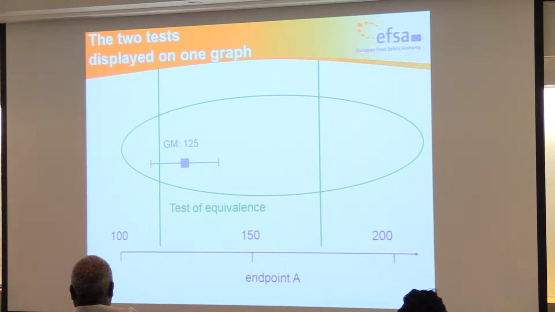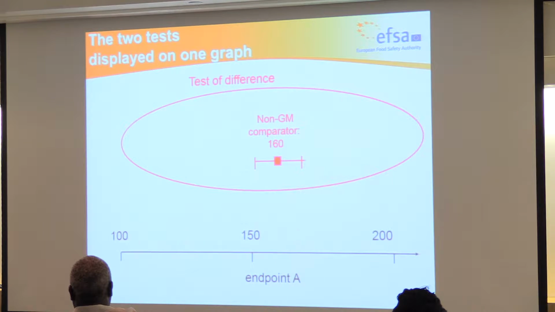The idea is that first of all, look at the parameters in your GM crop and compare them with the non-GM, whether there are differences. If there are differences, then you should look at whether the differences would fall within the range of natural constituents.